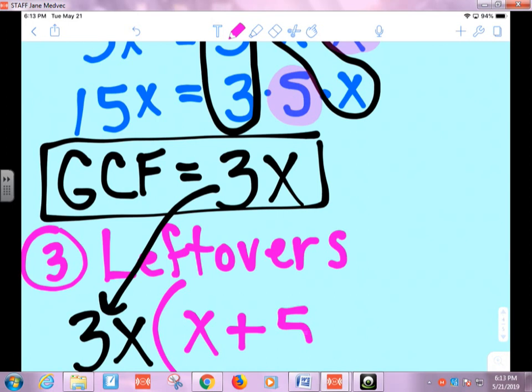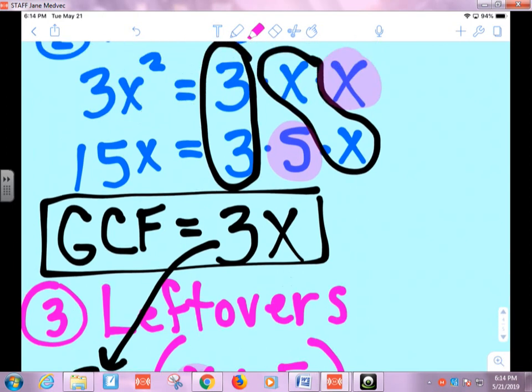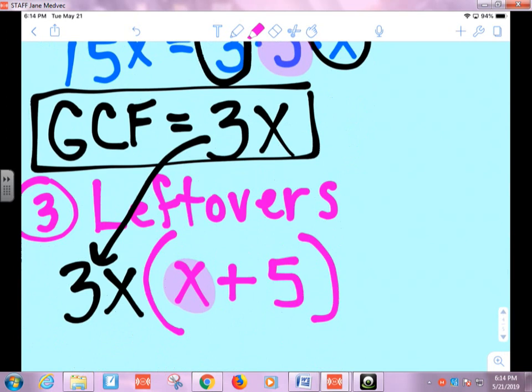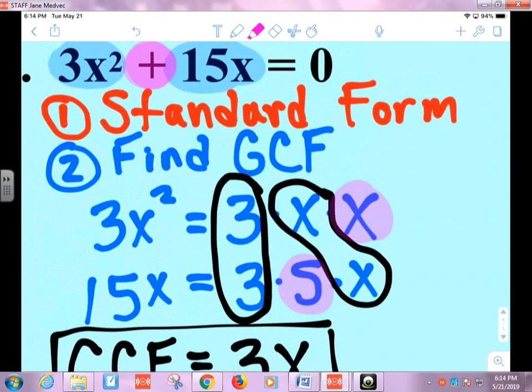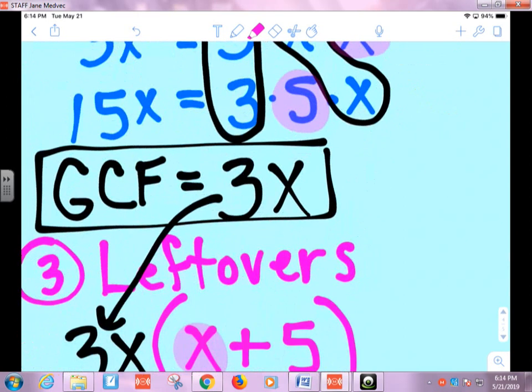So I'm going to put that here. And then I'm going to finish with a parenthesis. So that is the leftovers. Again, I got the x because it was the leftovers from the first term. I got the plus sign because that was the leftovers in the equation. And I got the 5 because it was the leftovers in the second term.